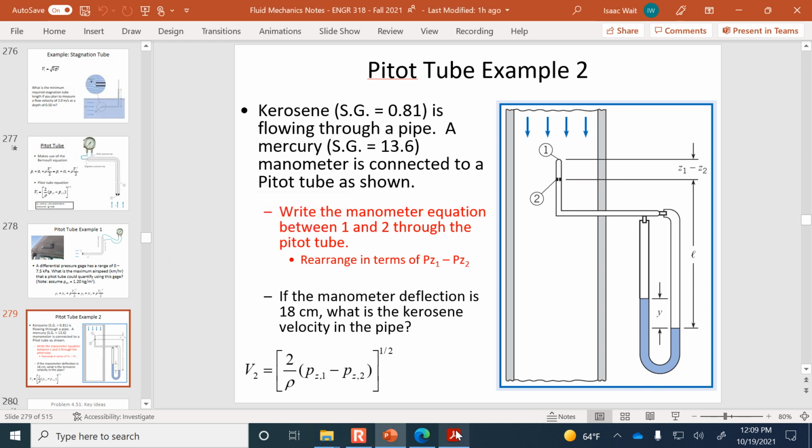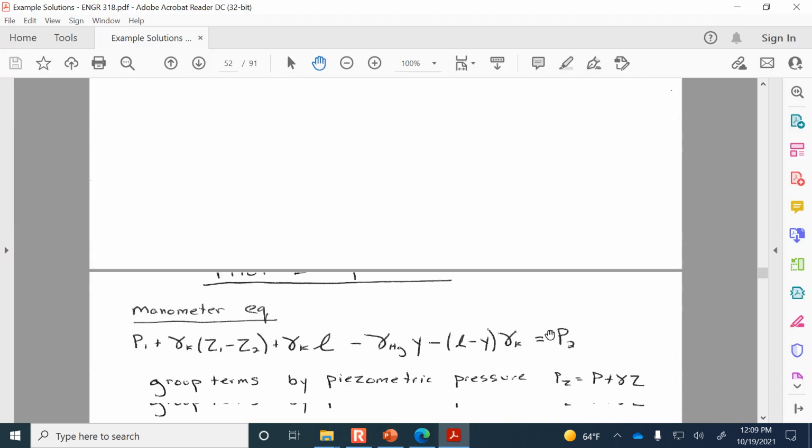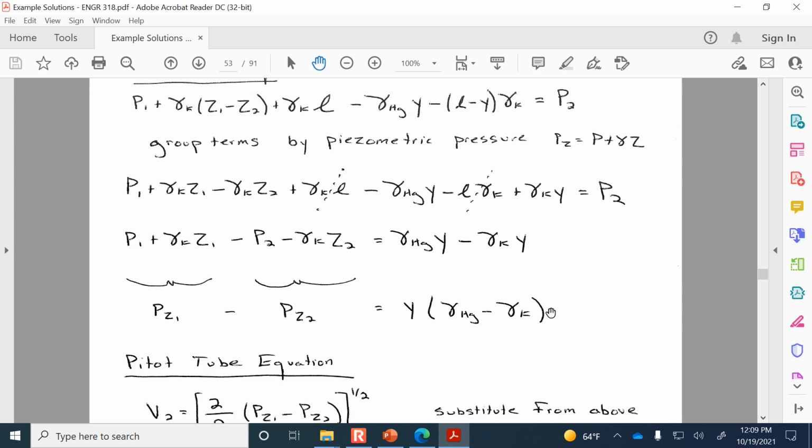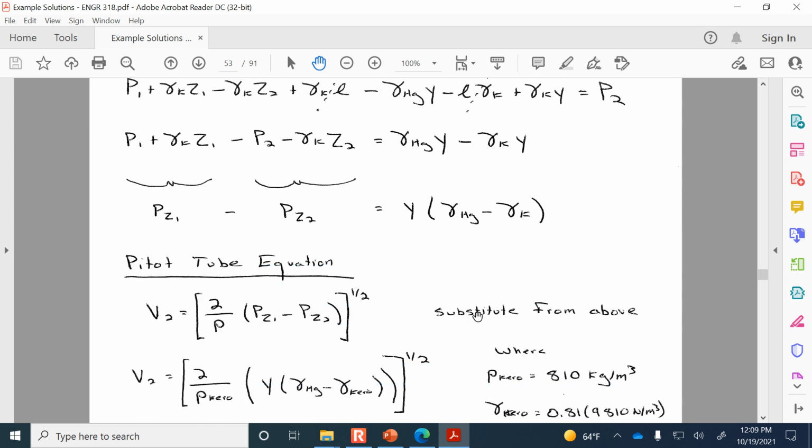All right, so the answer to this one, let's see. So we go through rearranging the manometer equation. We got the pitot tube equation, so we've just derived this differential manometer equation again. We'd seen it before. The change in piezometric pressure is what's described by the deflection in a differential manometer.